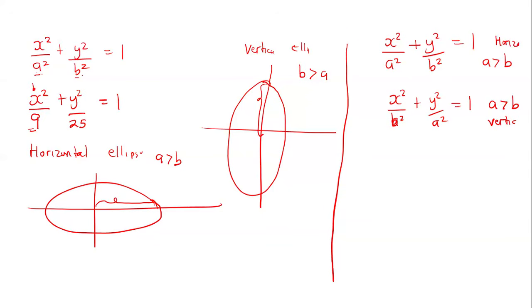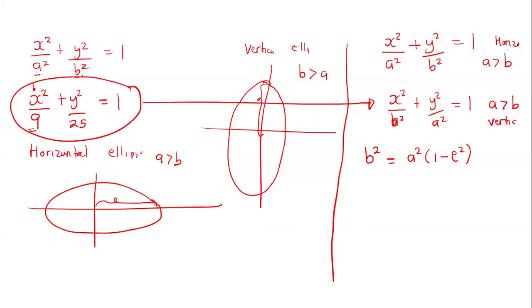Now, how do I get my eccentricity? We shall use this formula: b squared is equal to a squared into 1 minus e squared. Now you compare this equation with the equation here. Please take note: always first identify, is it vertical or horizontal?